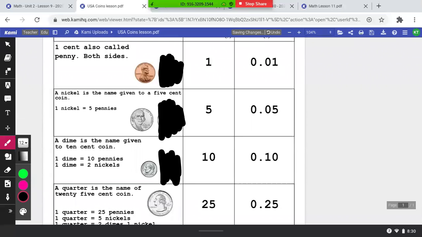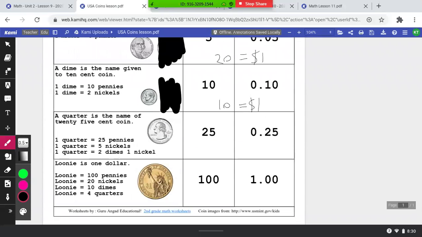So we need 100 pennies to make $1. We need 20 nickels to make $1. We need 10 dimes to make $1. We need 4 quarters to make $1.